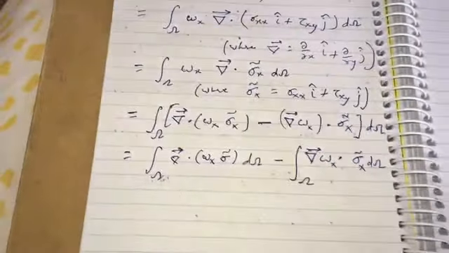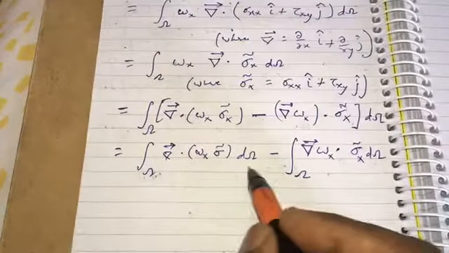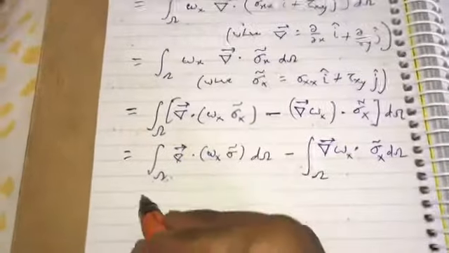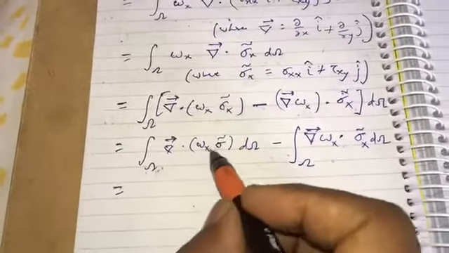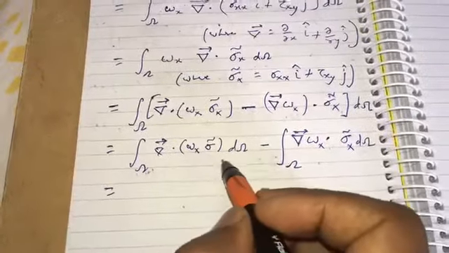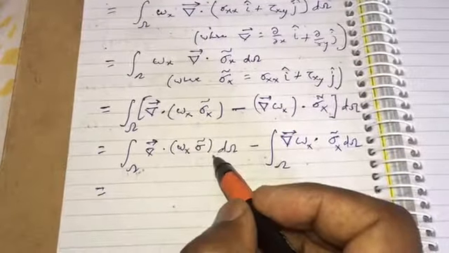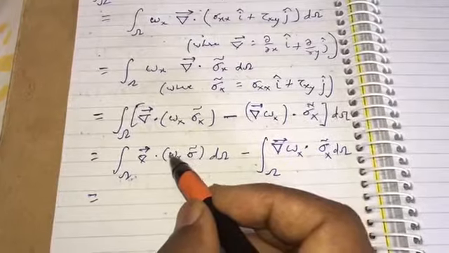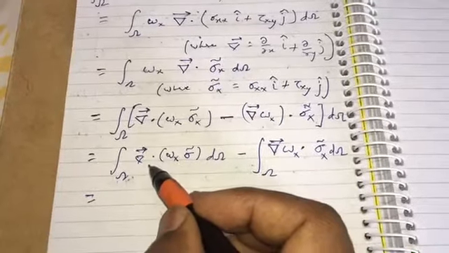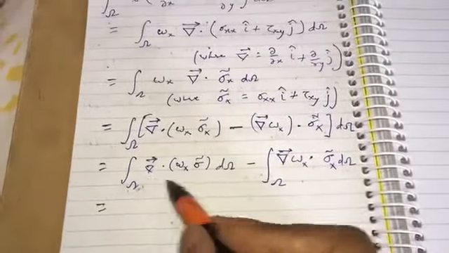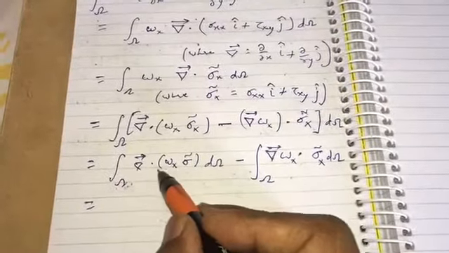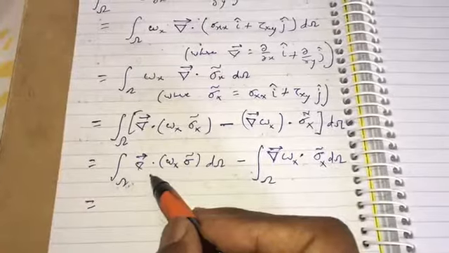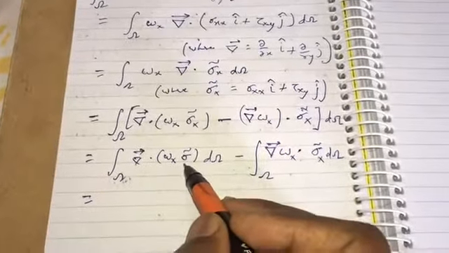Now this first one, again we will apply the divergence theorem. We got this kind of expression when we derived the weak formulation of the heat transfer problem. There we had the divergence of w times q, but here we have the divergence of wx times the sigma vector.